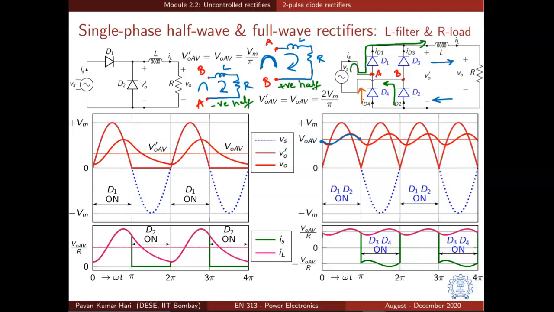In the positive half, it is VAB, directly the source voltage, and in the negative half, it is VBA, the flipped version of the input voltage. Since the input voltage itself is negative, we will have the same positive voltage applied across LR.